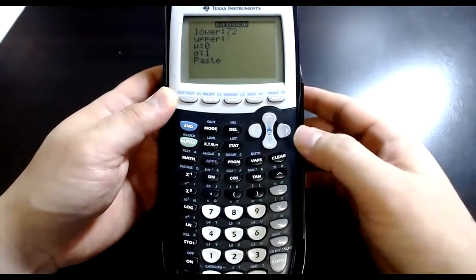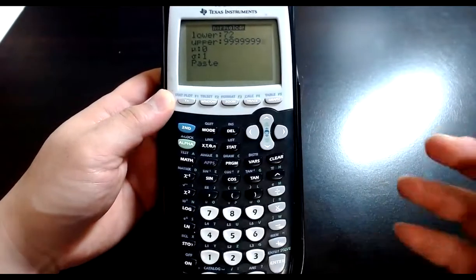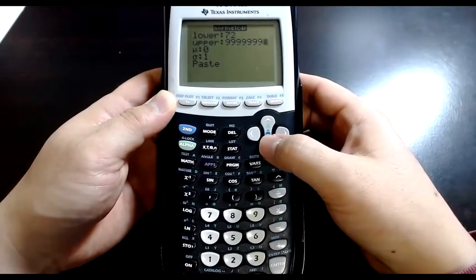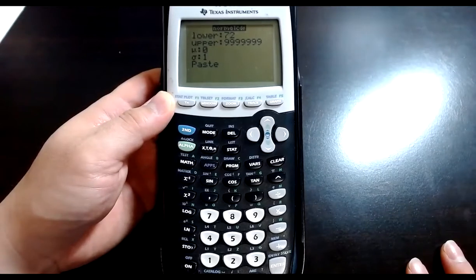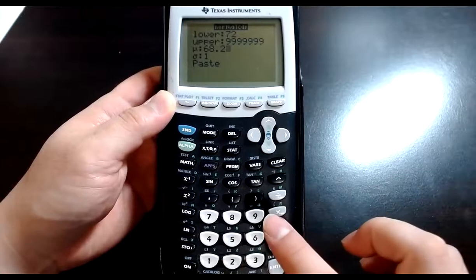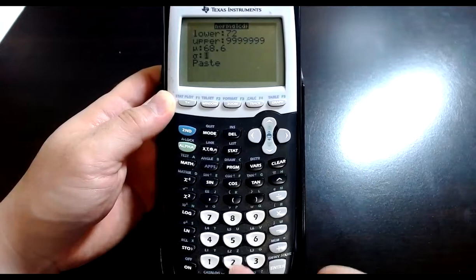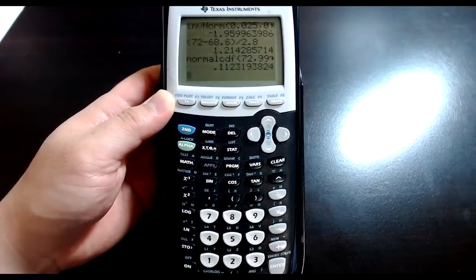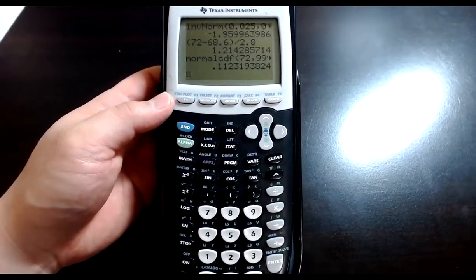Upper is infinity, so we put 9999. If you don't get why, please watch the previous lecture video. The mu is 68.6, because this is a normal distribution, not the standard normal distribution, and sigma is 2.8. Then we get 0.1123. This is how to find the probability.